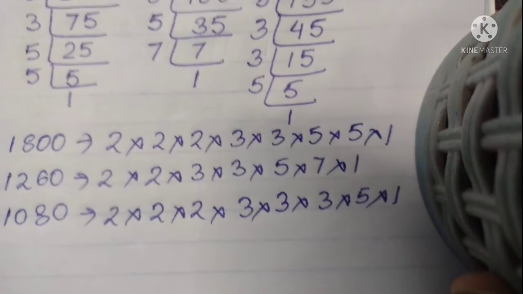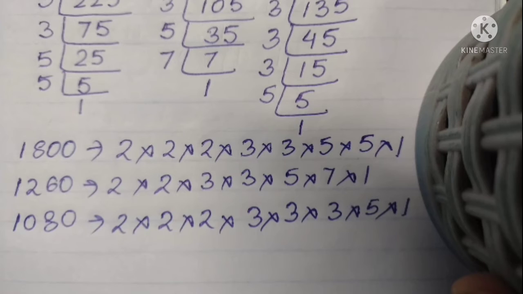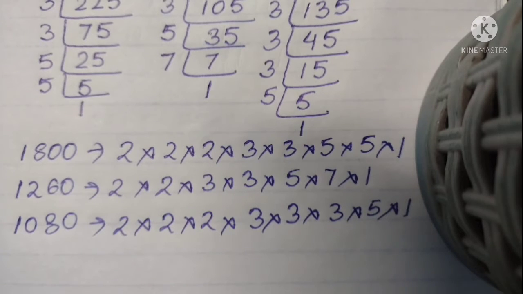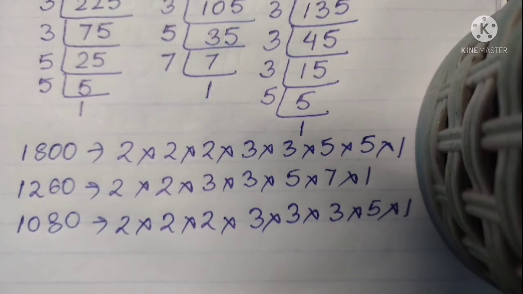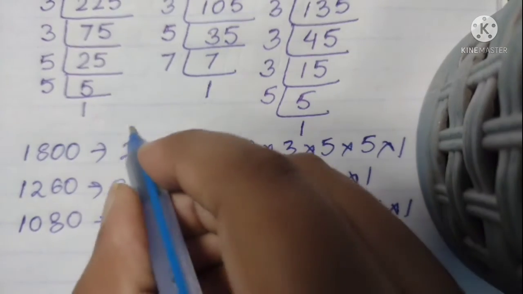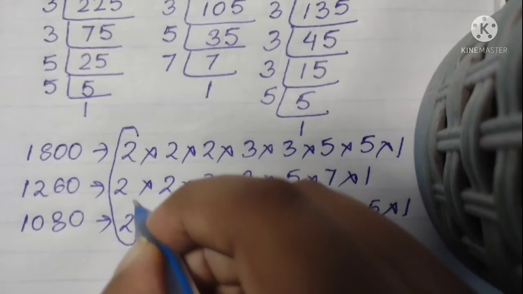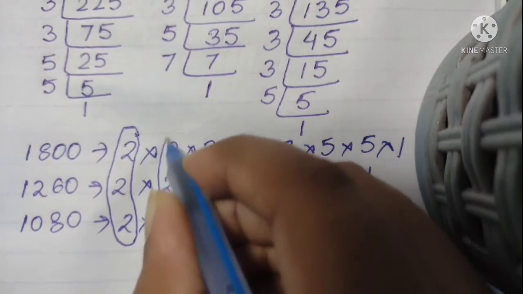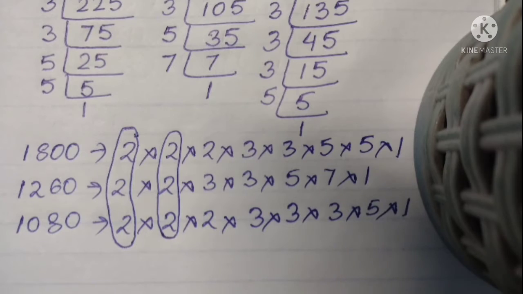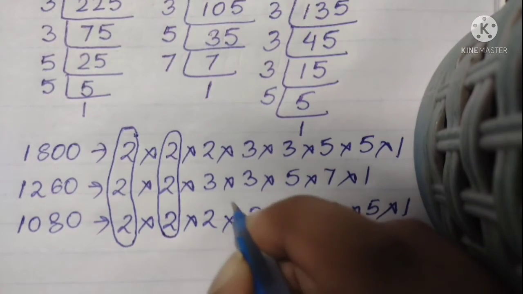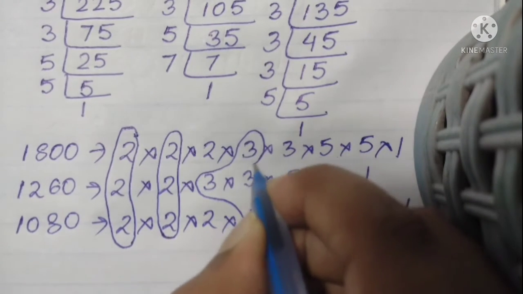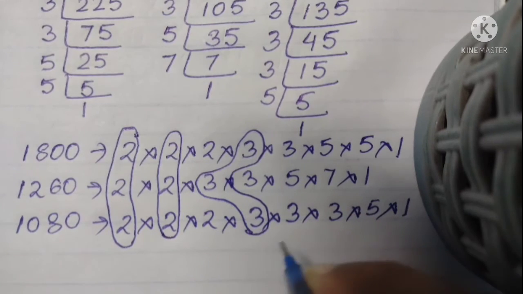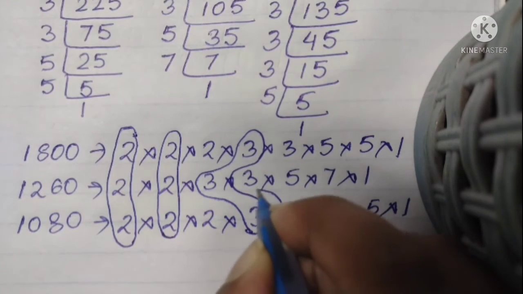Okay, you can see. Now what are common? This 2 is common. This 2 is also common. Now 3 is also common. One more 3 is common.